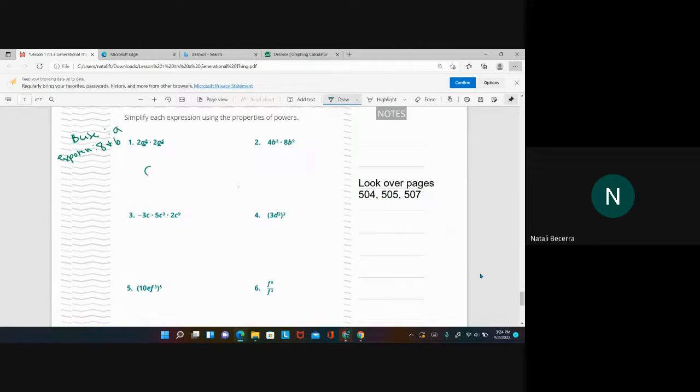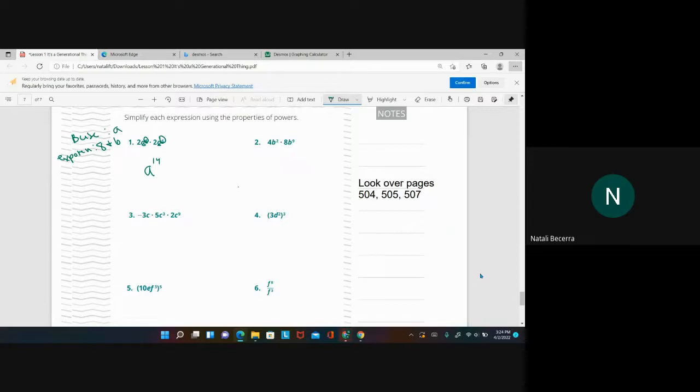So my base is A. Then I have 8 plus 6 because this is my product rule. Remember, whenever you multiply, you add the exponents. So then I add them. 8 plus 6 should give me 14.